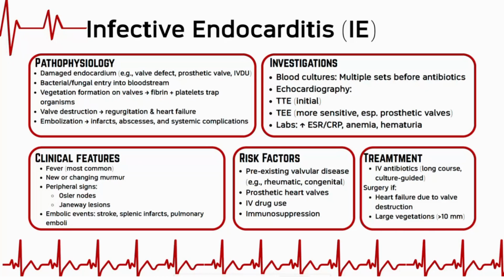This is where we have to look at peripheral signs like Osler nodes, Janeway lesions, cutaneous infarcts, Roth spots. These are all things that we can look for in a patient, especially if they come in and talk about vague symptoms like they do if they have subacute infective endocarditis.